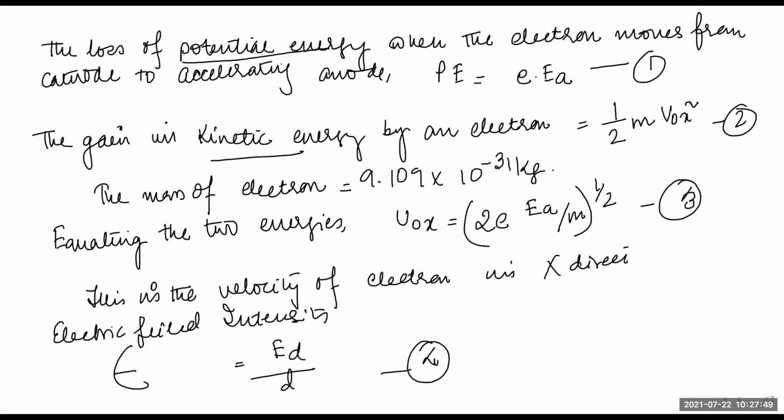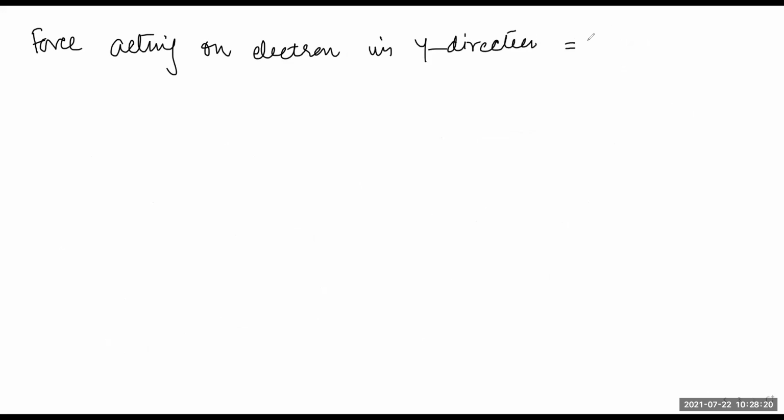Next, we have to see what is the force acting on the electron in the y direction. I'm writing here on the next page. The force acting on the electron in the y direction is F, which you can write as e epsilon, where epsilon is the electric field intensity I told you.